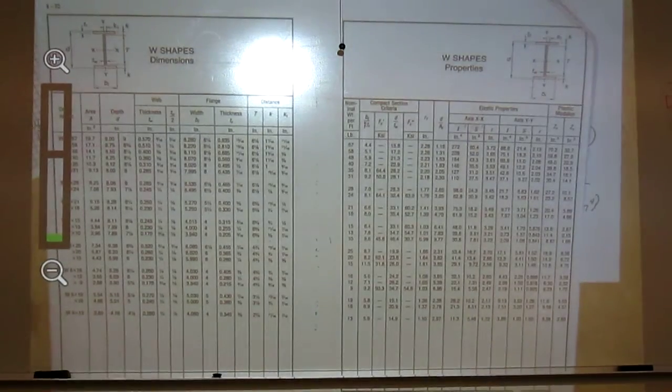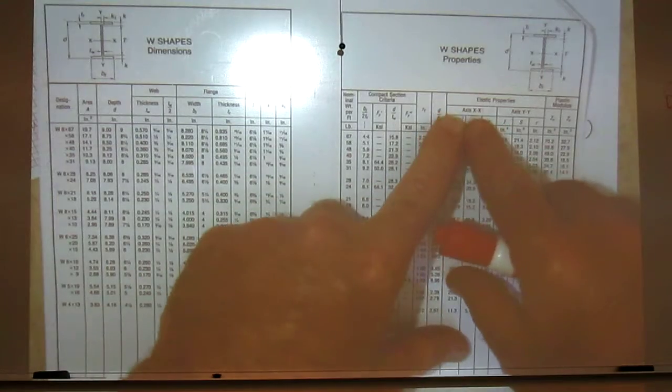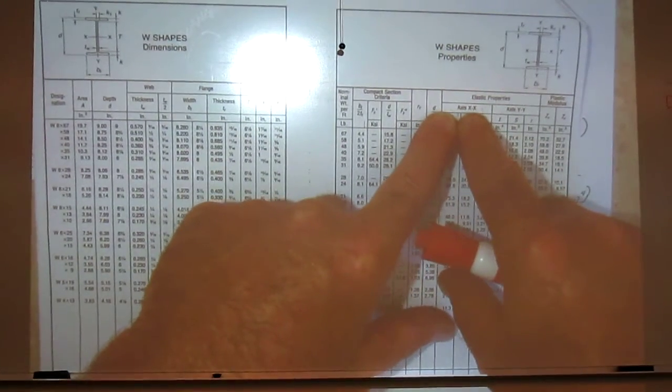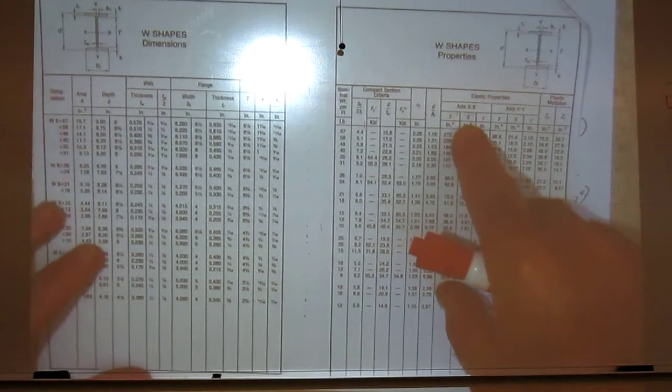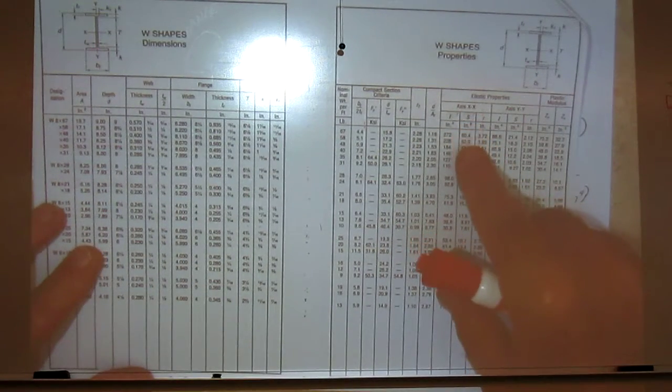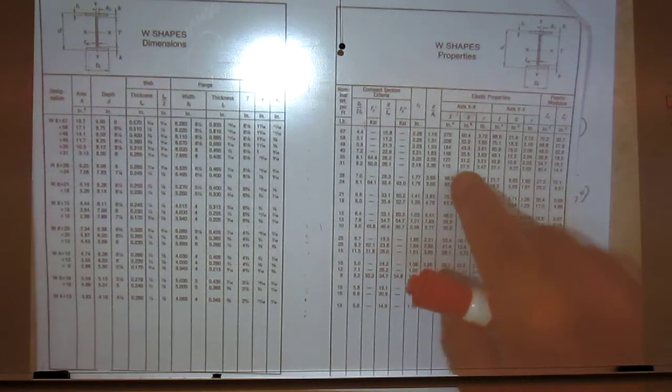All you're paying attention to here is the axis X by X column. You have capital S underneath there. You just run down that chart and find one that is approximately equal to our 30.9.